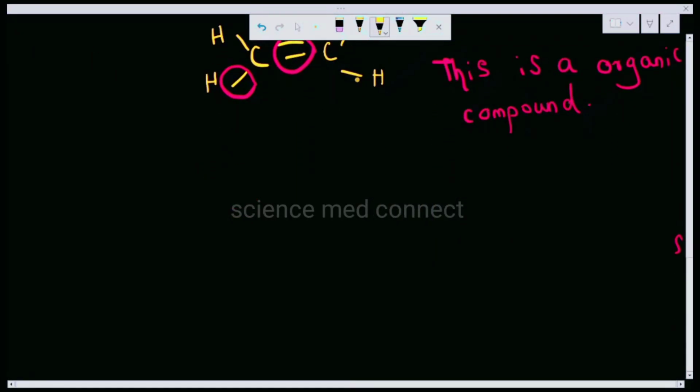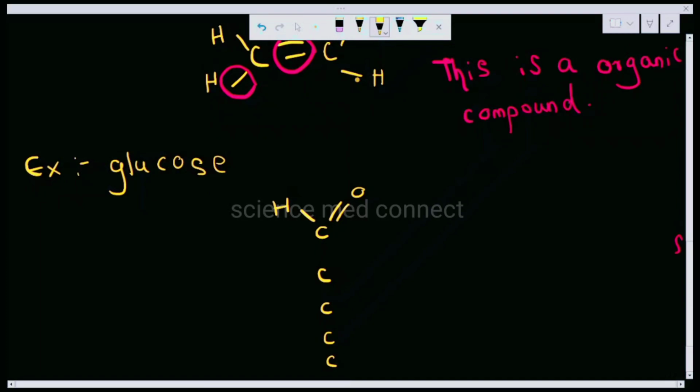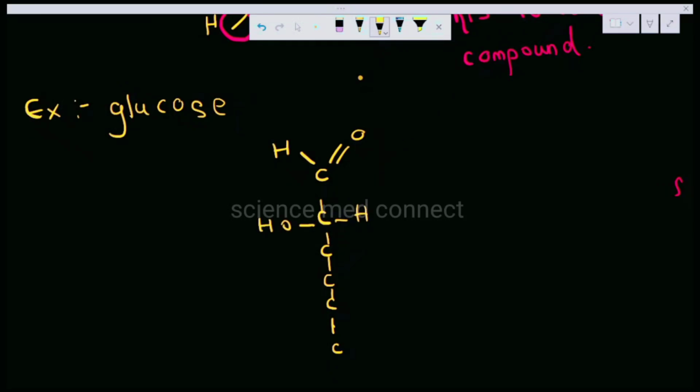Now let's discuss another example for organic compounds. Let's see glucose. If we draw the structure of glucose, it looks like this. The molecular formula of glucose is C6H12O6.